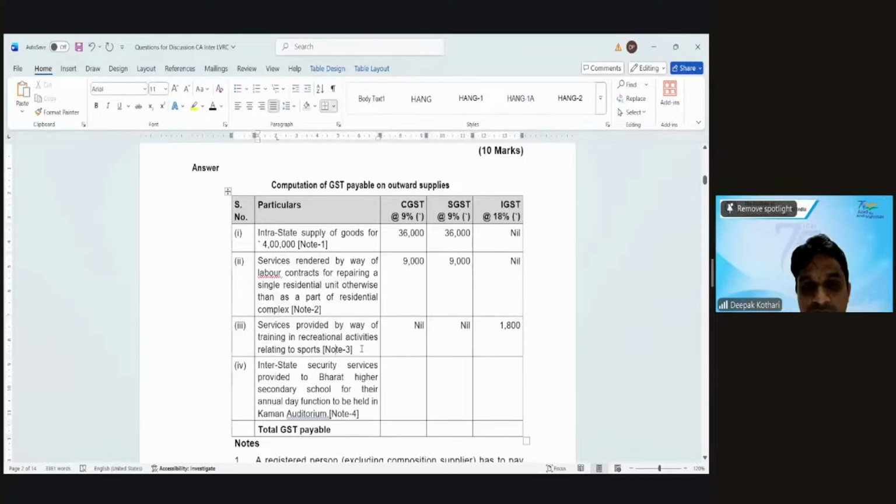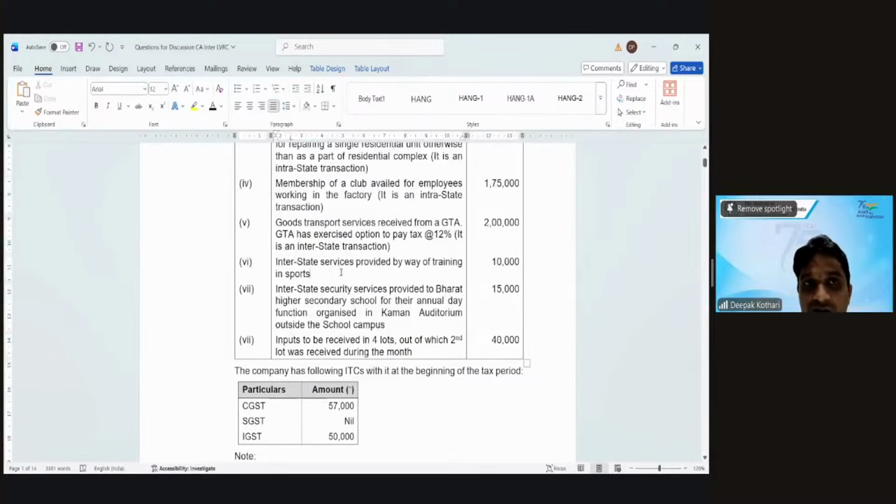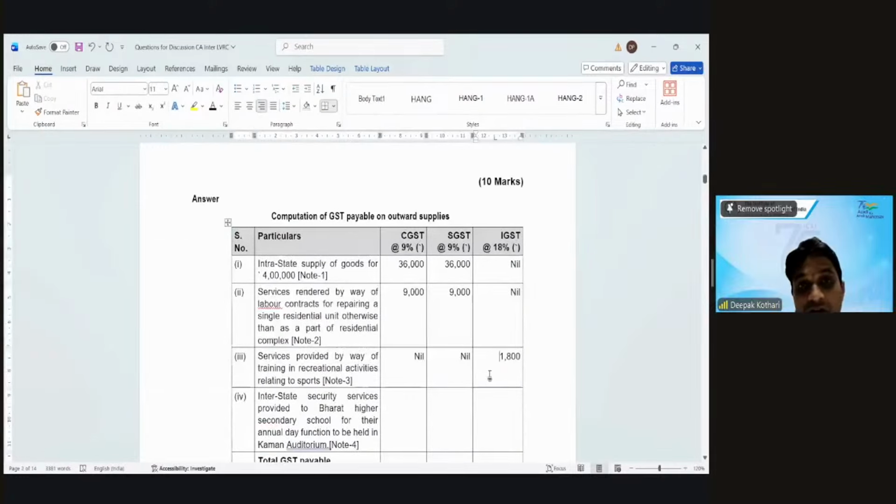It is taxable on a value of 10,000 rupees. It's interstate, so 10,000 into 18%. That also you have to remember: whether you have to put it under intrastate CGST, SGST or IGST. We know it, but when we apply it, we have to be careful. By mistake, if we mention everything as C and S, then IGST will become zero. The answer may be wrong.